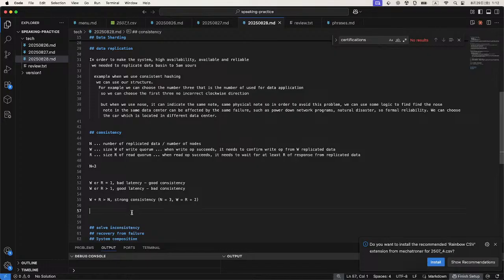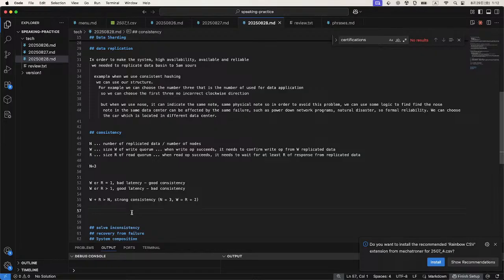And weak consistency: when you read later, you might read old data.